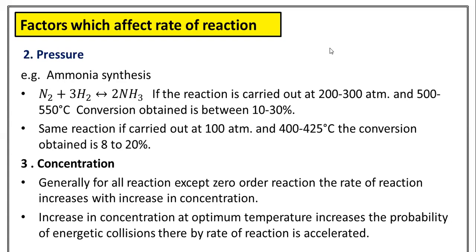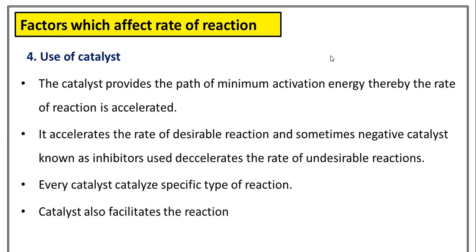Now, the fourth factor which affects the rate of reaction is the use of catalyst. You know that every reaction requires a certain minimum amount of energy in order to initiate the reaction.